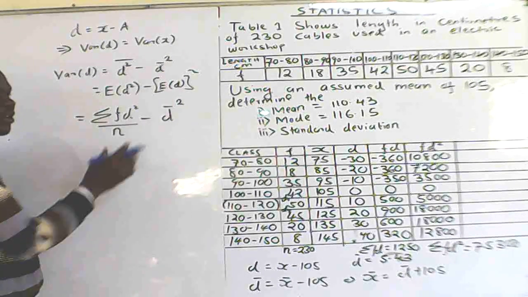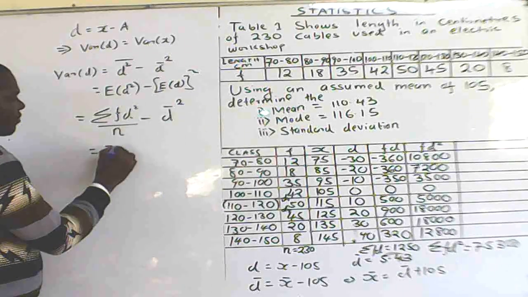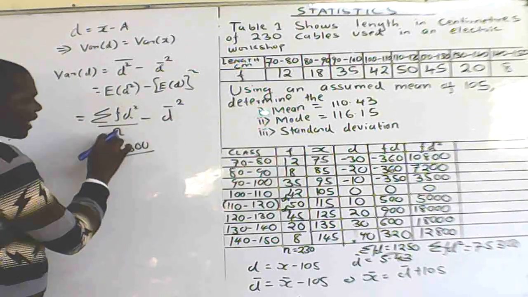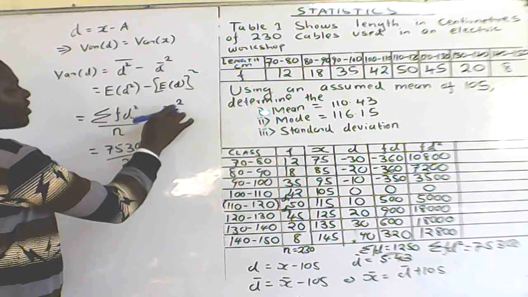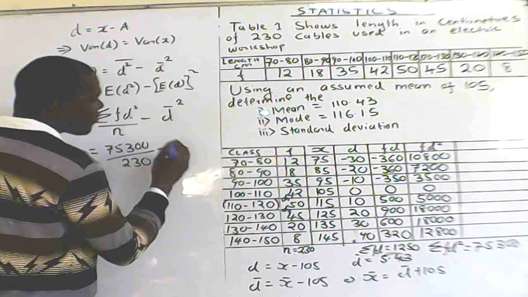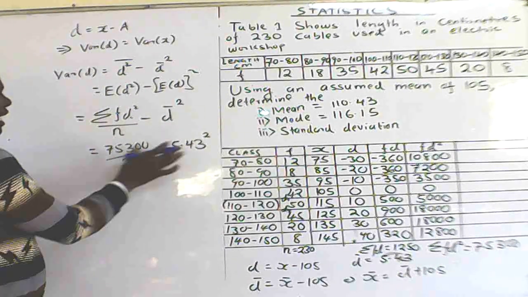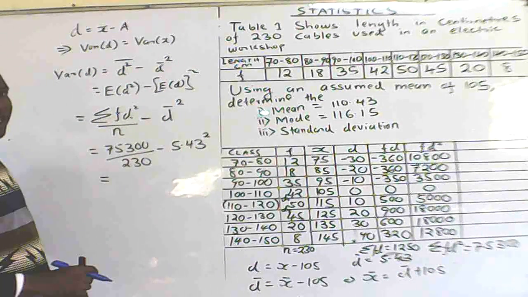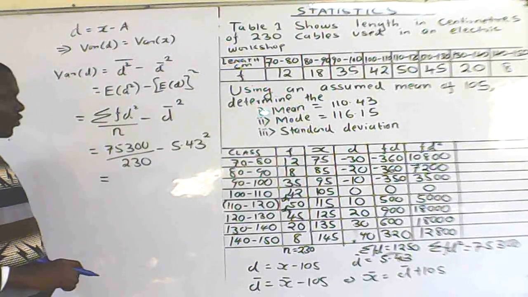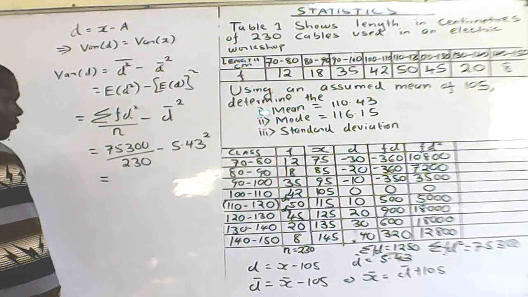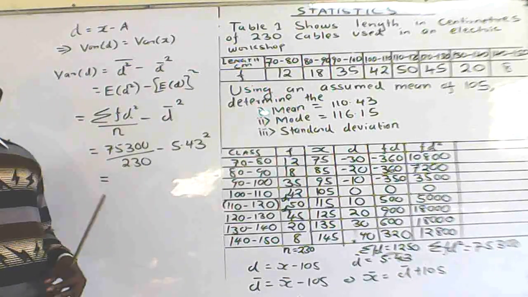Now we have everything, we substitute. The summation of fd squared is 75,300, and the total number, the summation of f, was 230, then minus the mean of d squared, and the mean of d we found was 5.43, then it is squared. So if you work this out, what do you get to be the variance of d? 75,300 divided by 230 minus 5.43 squared.